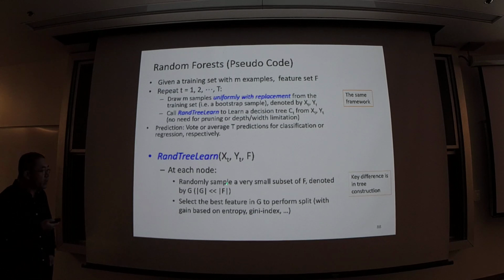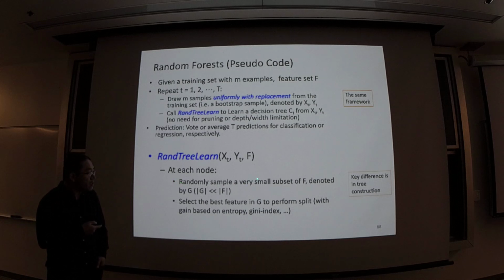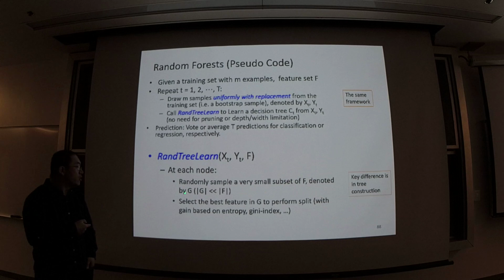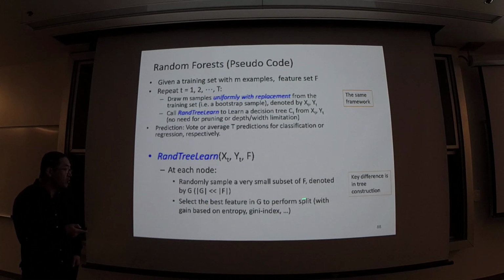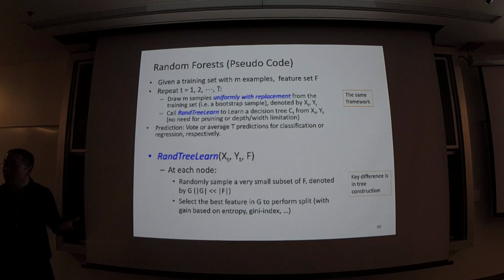Instead, I first randomly sample a very small subset of F, denoted by G. So the size of G is much less than the size of F. And then I select the best feature in G to perform the split with whatever gain you want. That's the key idea.